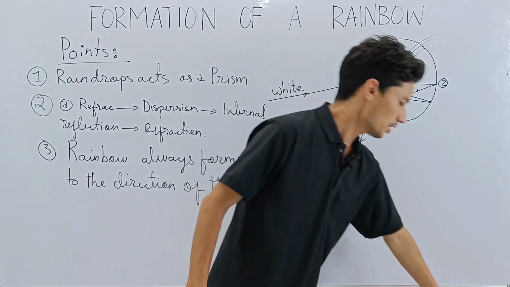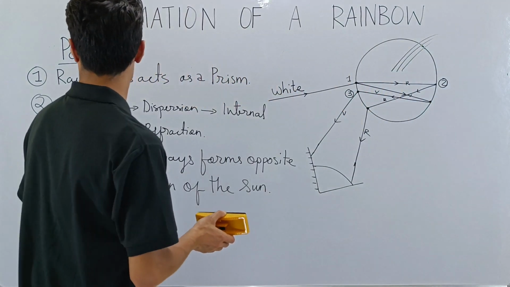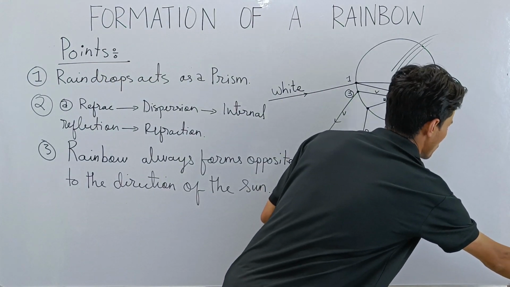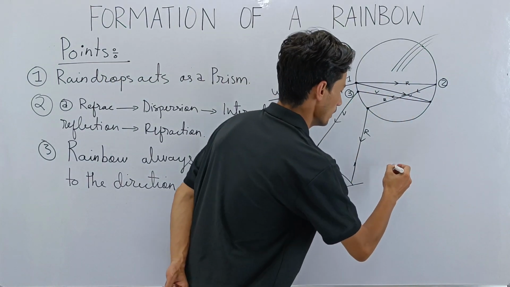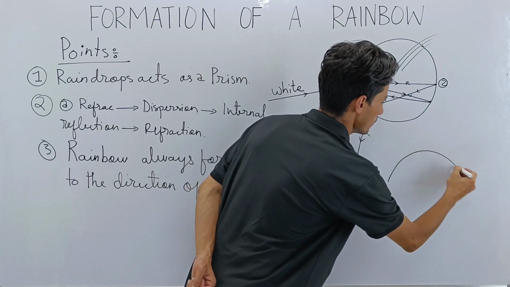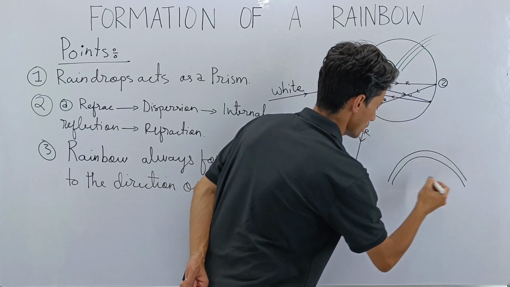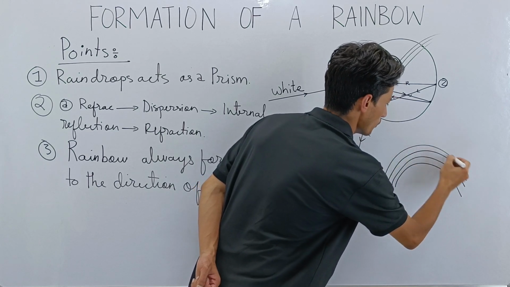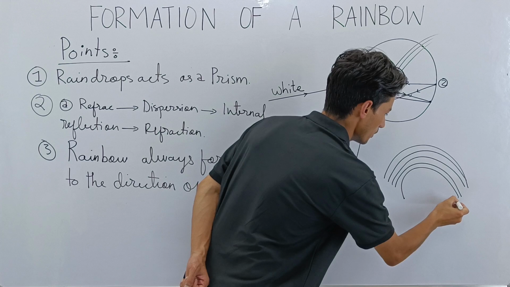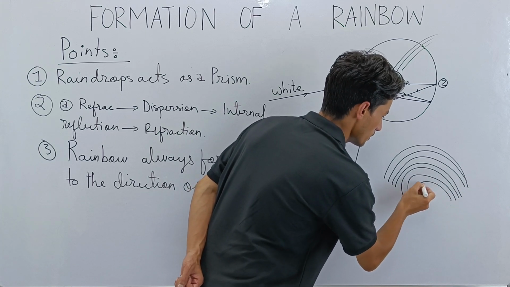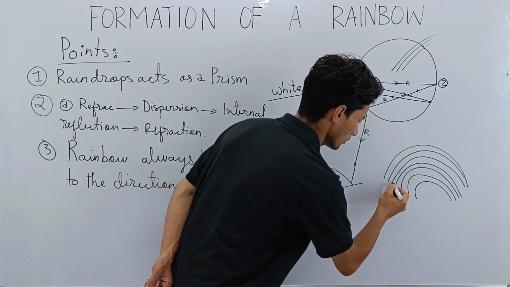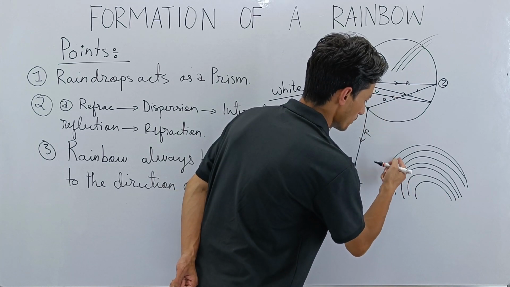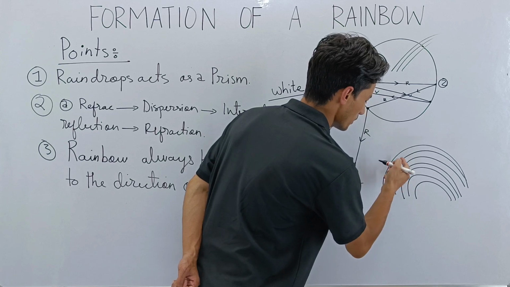So I'll end the video here, but before I close the video, let me ask you a simple question. So this is a rainbow, and there are 7 colors in a rainbow.